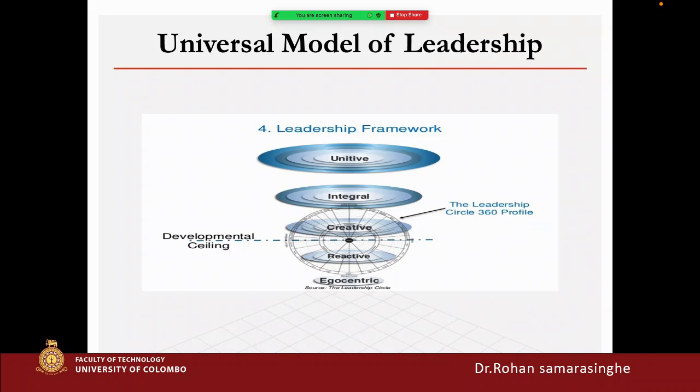Unitive is the most important one. So the Leadership Circle has 360 profiles, and up to this point it's called the development ceiling. We'll try to understand this model later in this lesson.